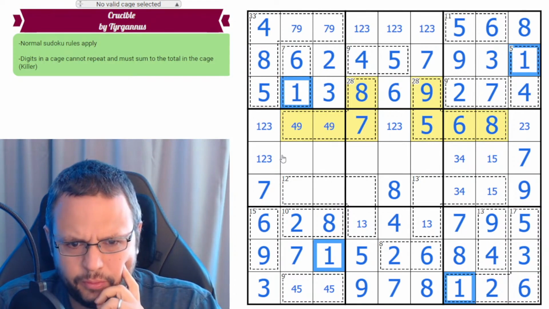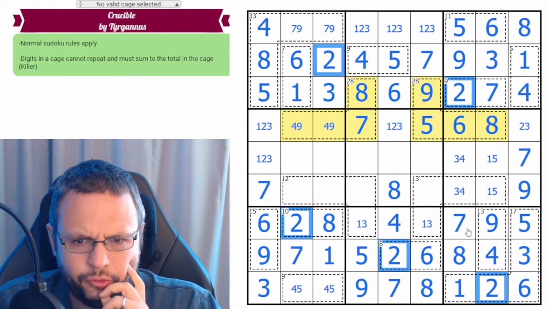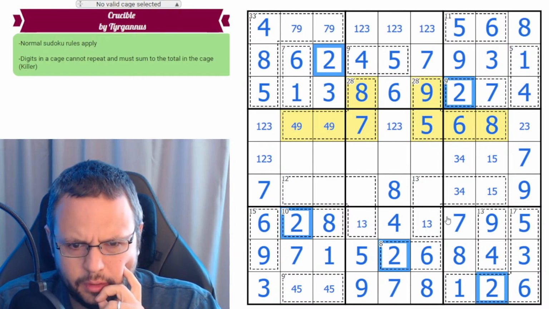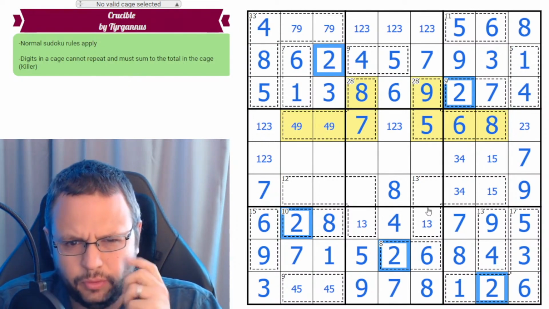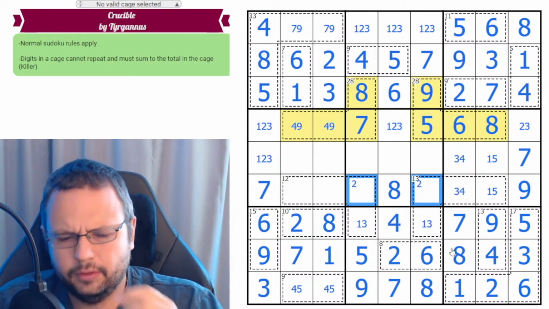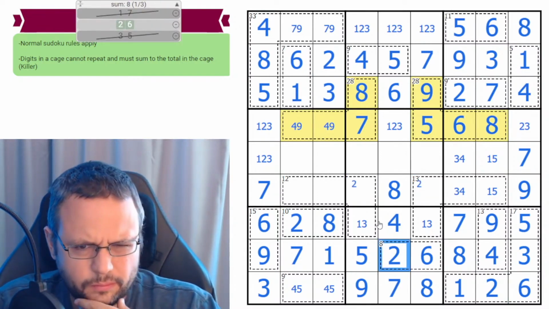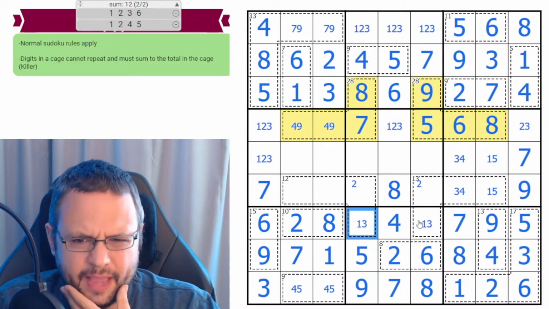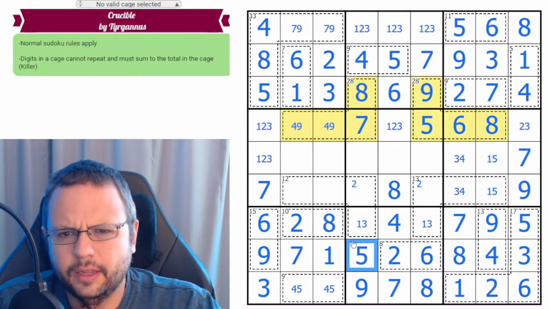I know one of these two's a 1. One of those is a 1. 2. Oh, that's interesting. 2 in row 3 only goes in one of these two spots. Unfortunately, it does exactly nothing, I think.